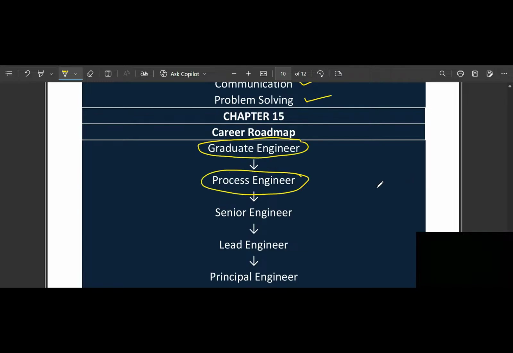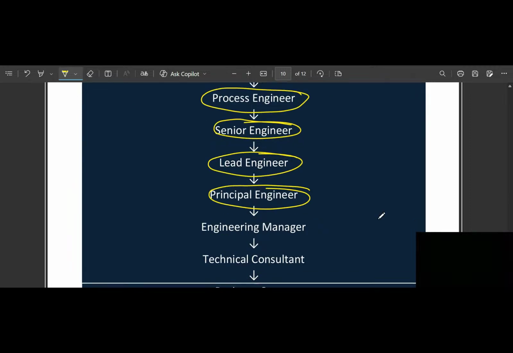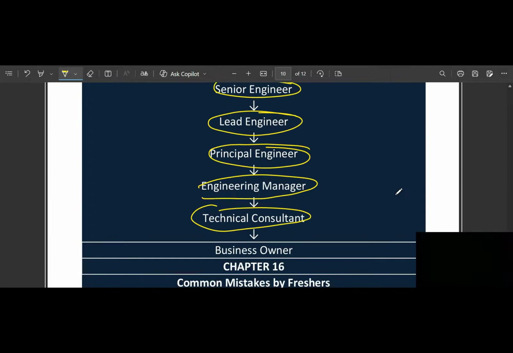After good performance, you will be promoted to senior engineer, then lead engineer, then principal engineer, then engineering manager, technical consultant. And if you want to build your own empire, after technical consultant you can become a business owner.